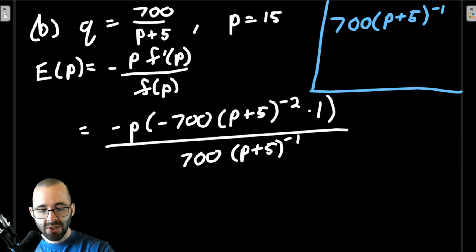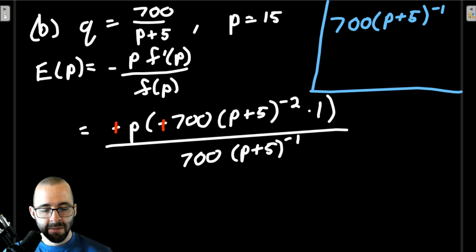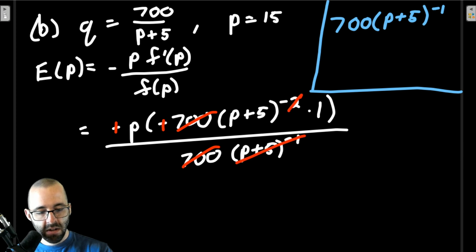And we can cancel, just like before. So again, that normal fraction is always going to be negative, so we should always have cancellation here with those negatives, and we should always get a positive value here. And then the 700s are going to cancel, no problem. And then one of these is going to cancel with one of those. All right, so we're just left with a negative 1 on this exponent.